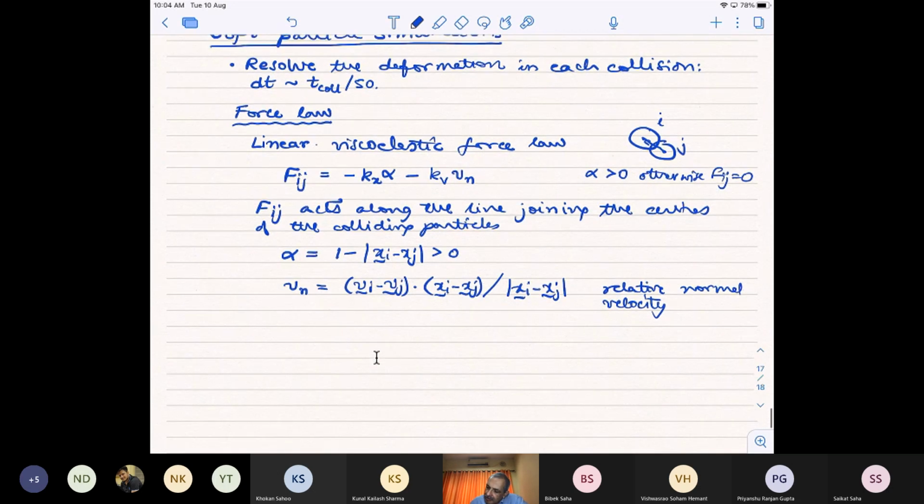So here, if we look at this, the first term is the elastic contribution. It's like a Hooke's law or a linear spring. And if you look at the second term, this is the term related to viscosity, or the viscous contribution.